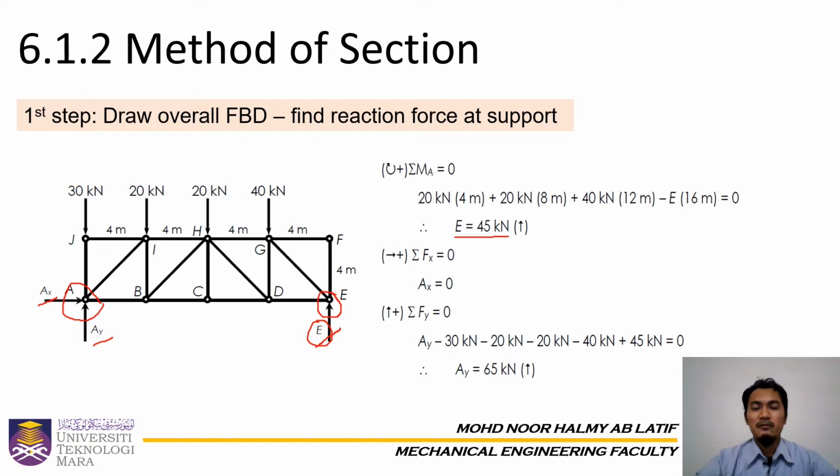Using summation of force in X equal to 0, since there is only one force acting in X, which is AX, AX will equal 0. To find AY, by using summation of force in Y direction, we get AY equal to 65 kilonewton.